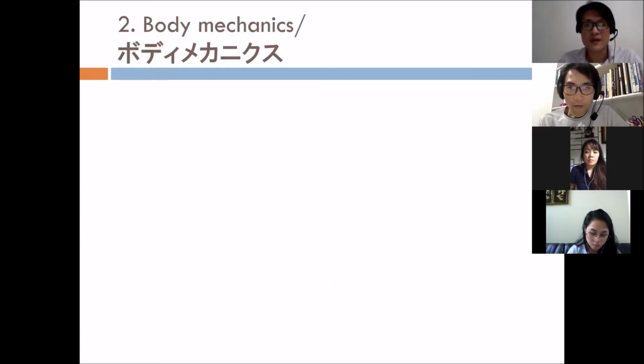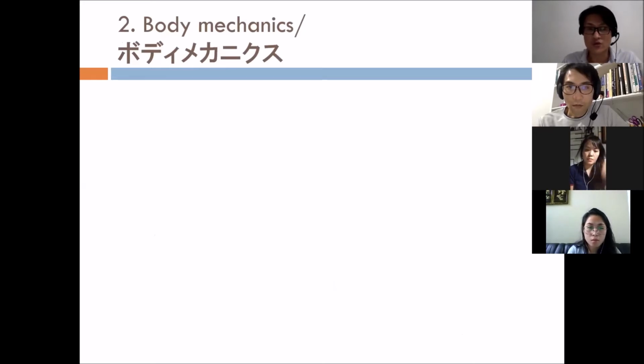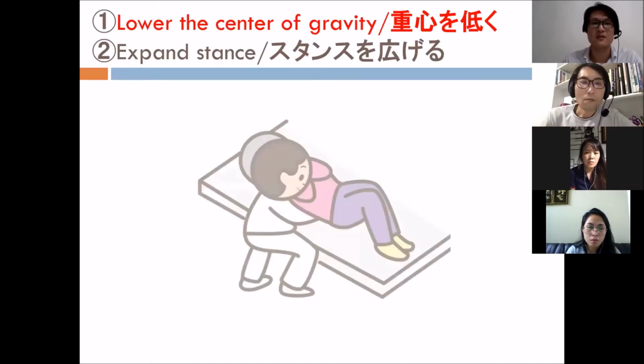So, body mechanics. Today I'm going to show you the video to describe how to get up in bed, so you should review the principles of body mechanics. There are 8 points. First and second: lower the center of gravity and expand the stance.